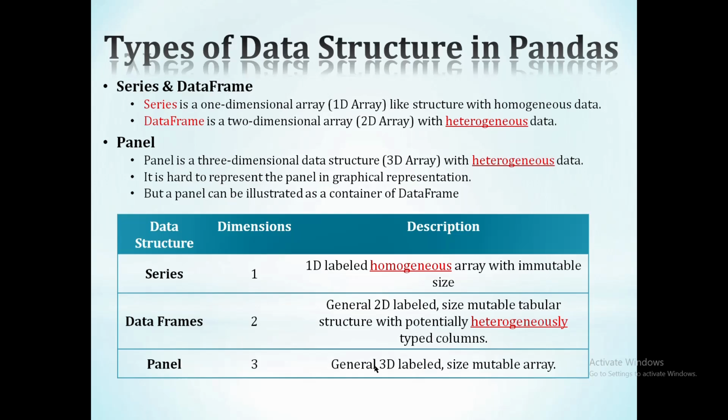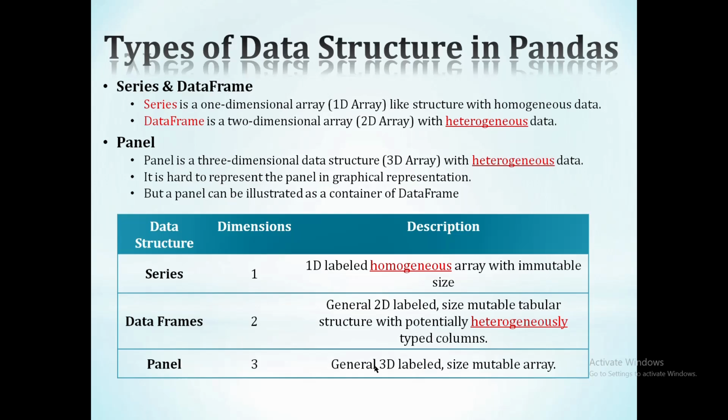Then the types of data structure provided by Pandas can be categorized into three. First one is the series, which is a one-dimensional array-like structure, which will accept only homogeneous data. Next one is the data frame, which is like a table.